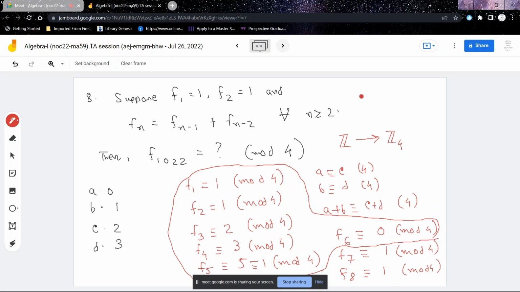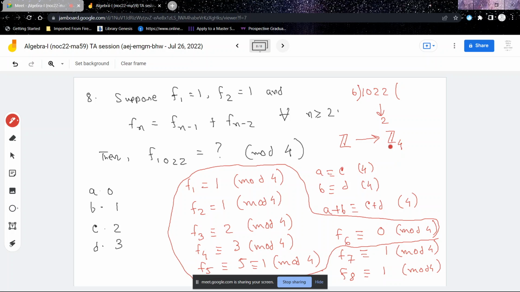You divide 1022 by 6, and the remainder will certainly be 2, because 170 times 6 is 1020.